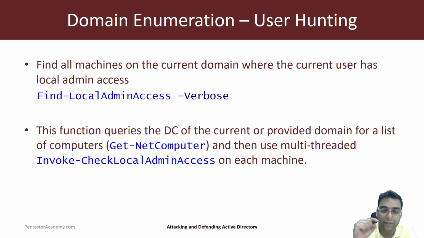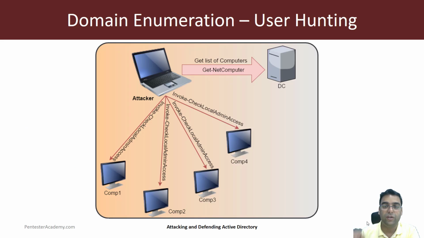When you run Find-LocalAdminAccess, this is how it works. The function requests a list of computers from the DC using Get-NetComputer. This is one of the functions we have already seen. Then with the list of computers it gets, it goes to each and every machine in the domain and checks if the current user has local admin access on that particular machine, right?